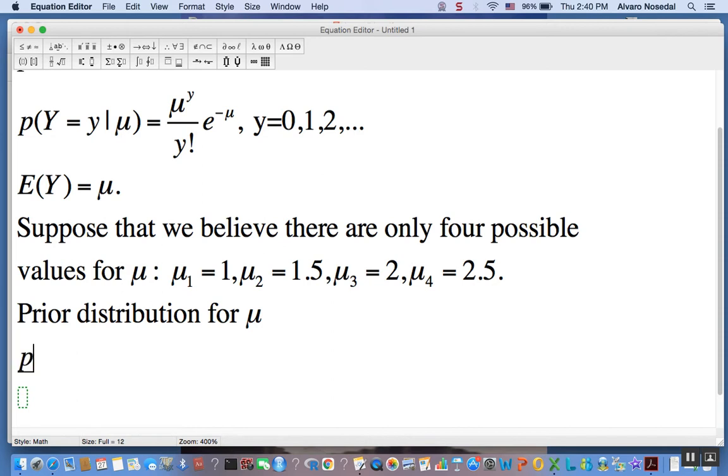So let me use P1 to refer to the probability that our parameter mu happens to be 1.